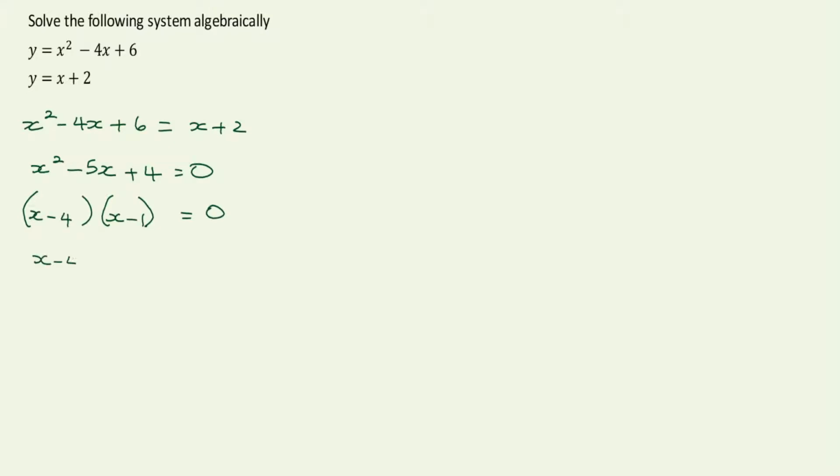So x minus 4 equals 0, so x equals 4. We have x minus 1 equals 0, so x equals 1. So now we're going to use y equals x plus 2.